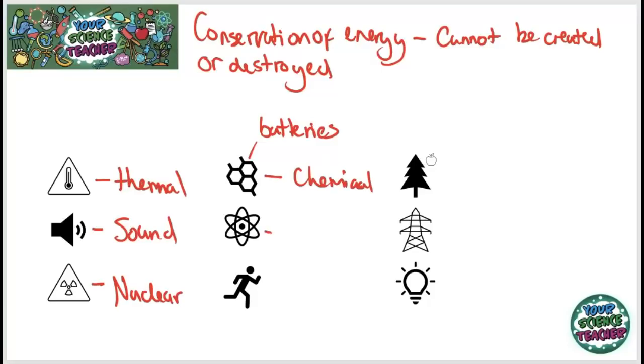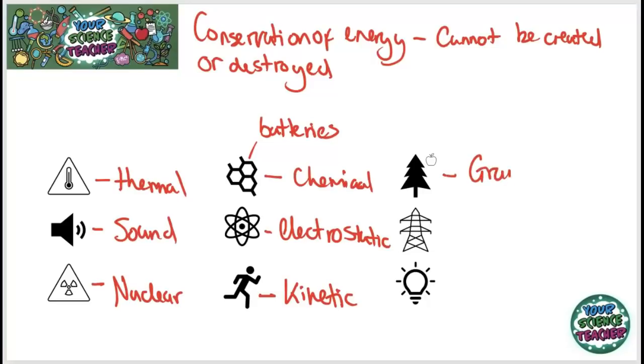Underneath that, we have electrostatic energy, and here I've got a picture of an atom because atoms are a great example of electrostatic energy. You've got the positively charged protons which are attracted to the negatively charged electrons, and this is electrostatic forces of attraction that keep the electrons in orbit. Underneath, I've got an example of kinetic energy, and kinetic energy is just anything that is moving.